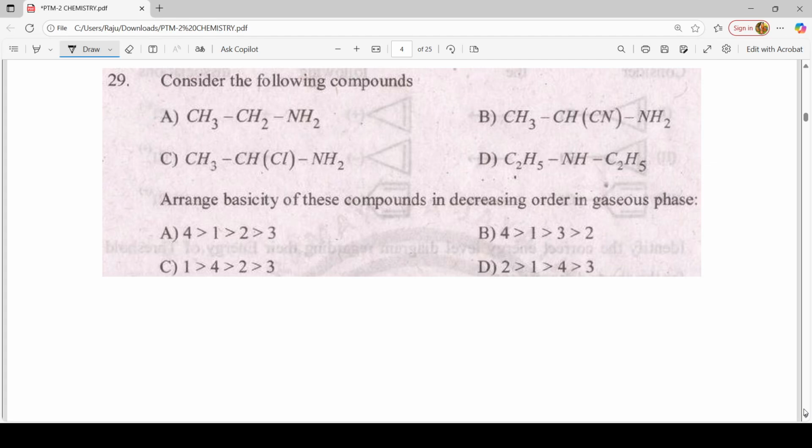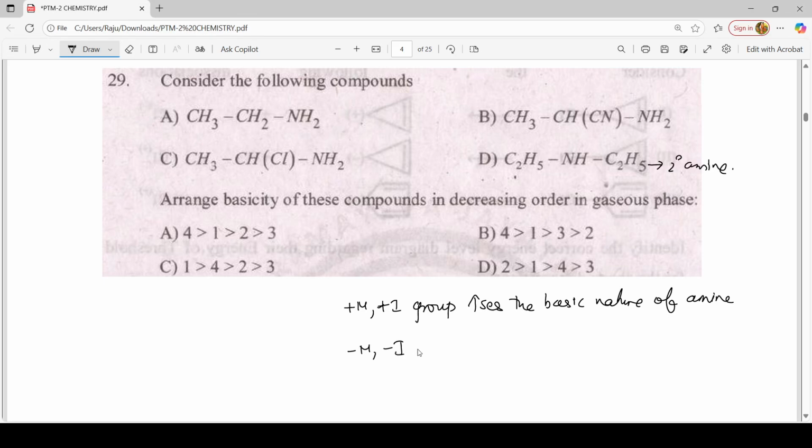So students, here this is a secondary amine. Plus M and plus I groups increase the basic nature of the amine as well as the organic compound.